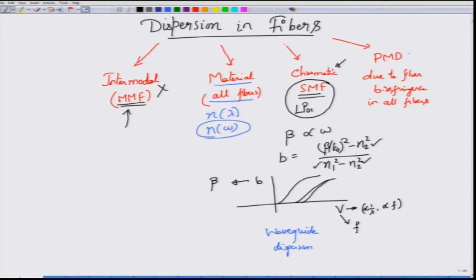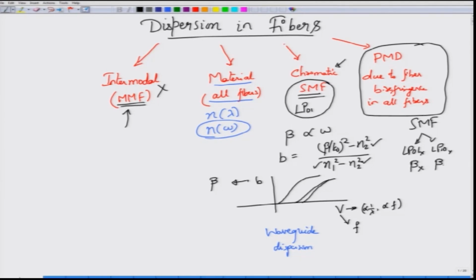Finally, there is an important dispersion source which is called the polarization mode dispersion. This occurs mainly in the single mode fiber, or at least it is very prominent in the standard single mode fiber, where the two fundamental modes, that is LP01X and LP01Y, that is X polarized and Y polarized waves, the linearly polarized waves, are propagating with their own propagation constants beta x, beta y, which are not equal.